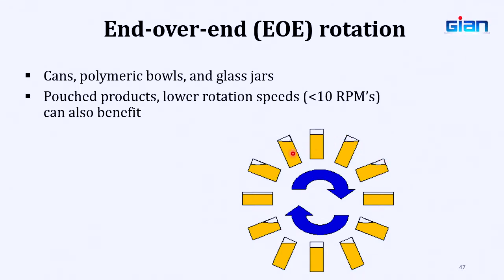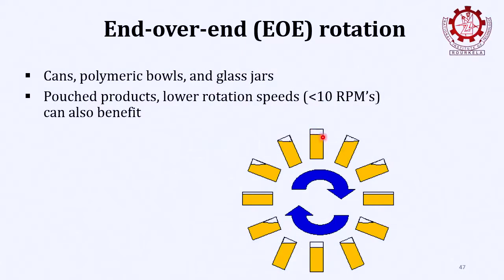So that's the basic motive, and let's see what kind of agitation we have. So this is the end over end agitation. For example, this is a cylindrical can in which you leave a certain head space, which is a bubble, a vacuum bubble, because you suck out the air. And then this vertical can is in the cage, and the cage is rotating in a radial direction. As it is rotating, this can is actually rotating in this fashion.